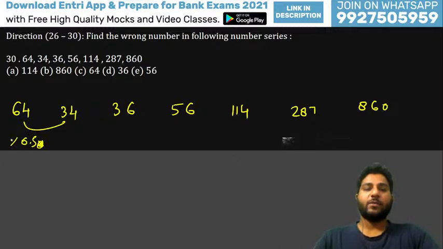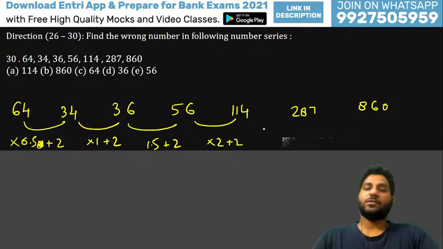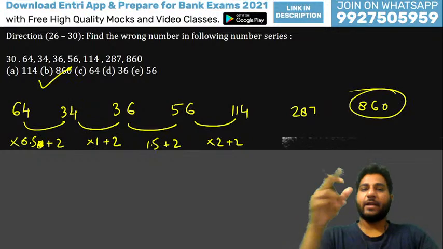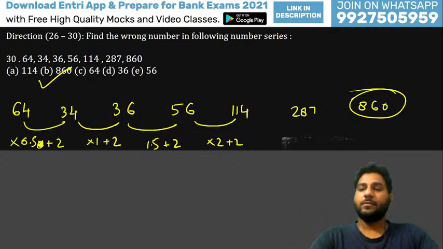If you multiply it with 0.5, then add with 2, with 1 add with 2, with 1.5 add with 2, with 2 multiply plus 2. So I think if you look at this concept, it matches, and the last one will be the wrong one. You can check it. I had done this kind of question, so I knew it.